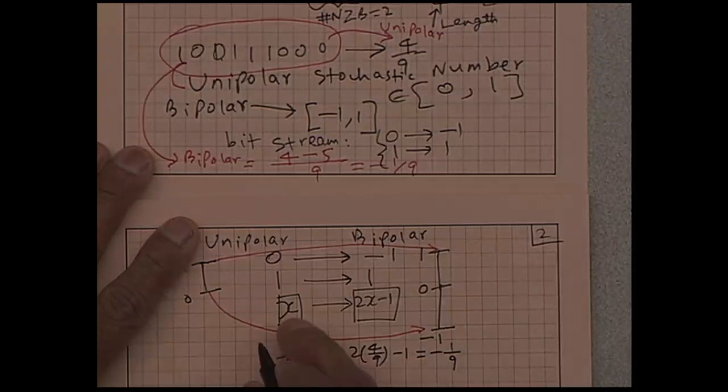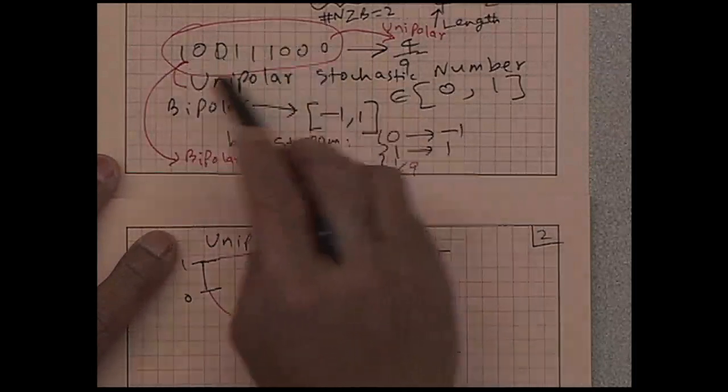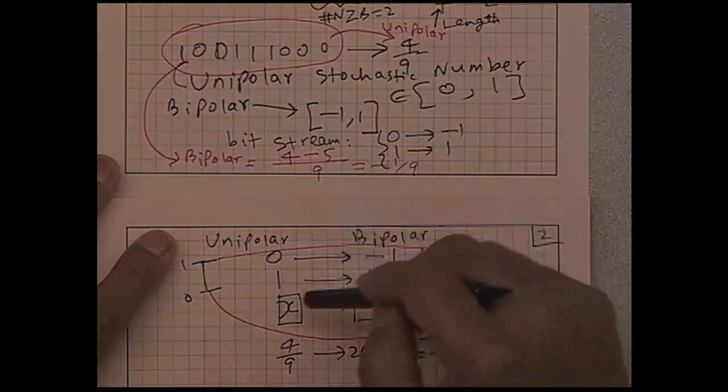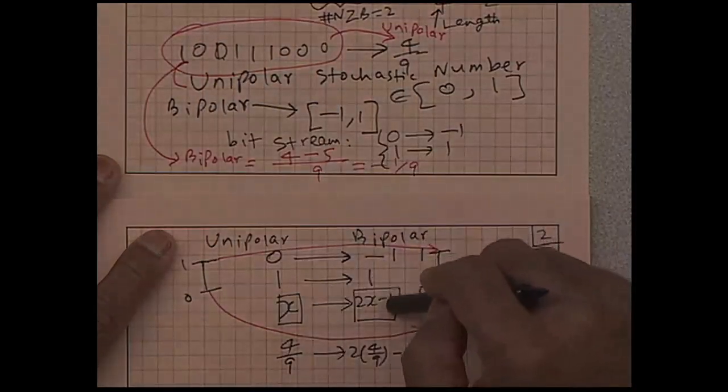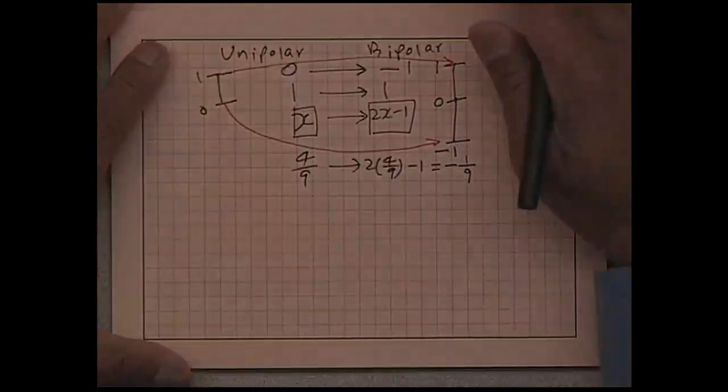So for any bit stream, we don't care what the bit stream is, if the unipolar value is x, the bipolar value of that same bit stream is going to be 2x minus 1.